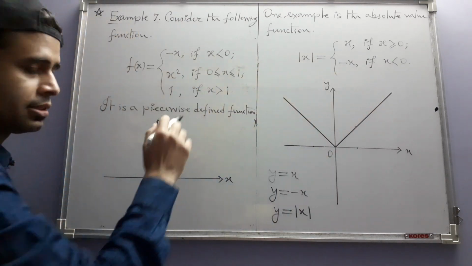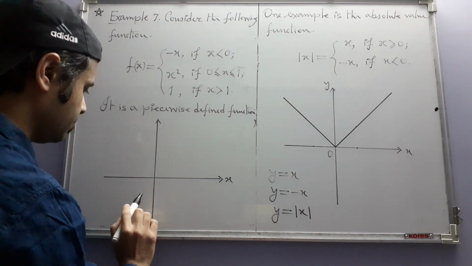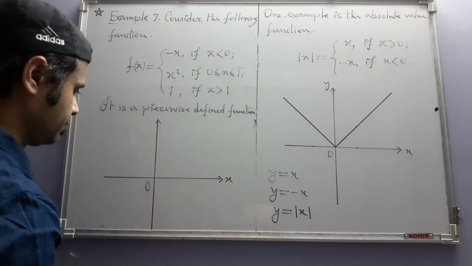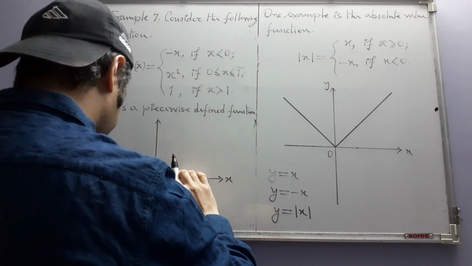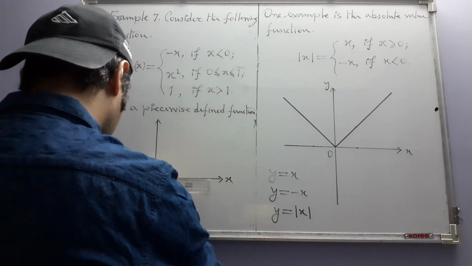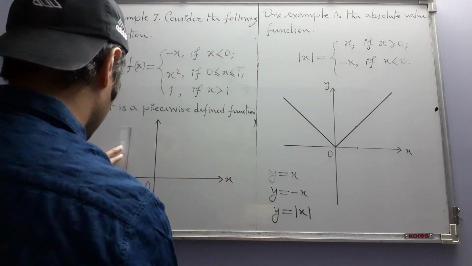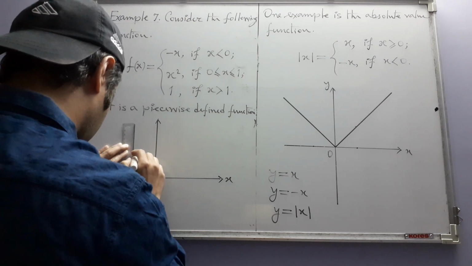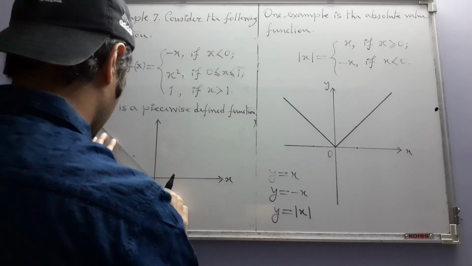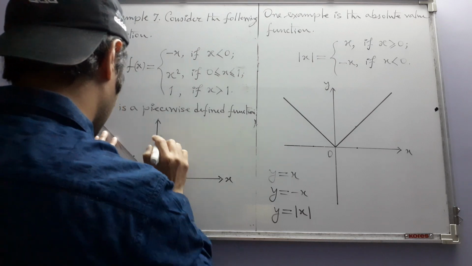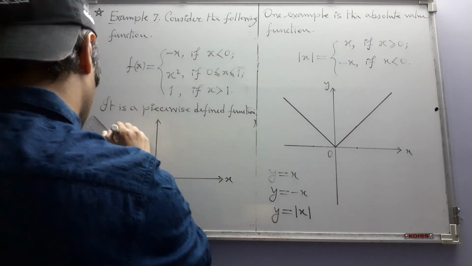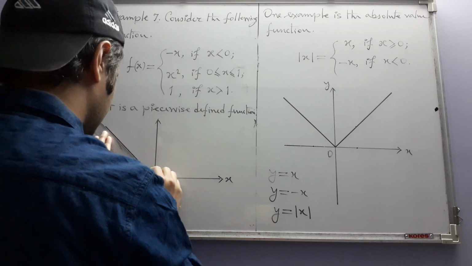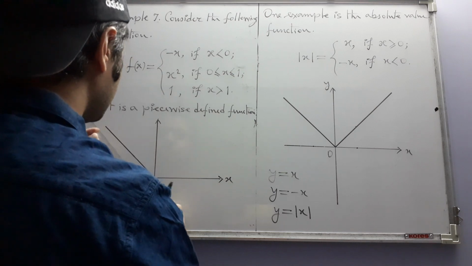Here also it is minus x, when x is less than 0. So on this side, this is the graph.